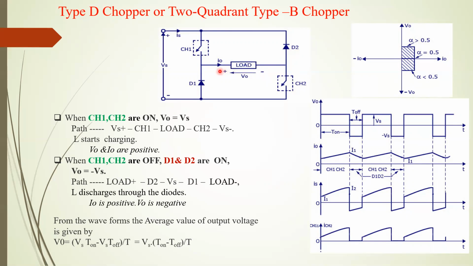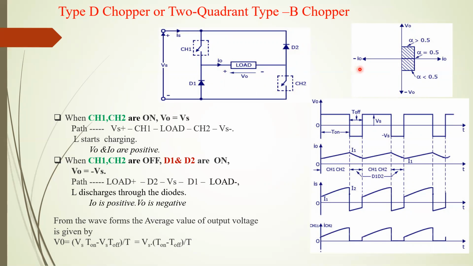Here there is no change in the direction of I naught, so I naught is treated as positive. But the terminals which are now positive, when compared with the previous case when choppers are on, are changed, so we say the polarities are changed. Then V naught is negative. So I naught is positive and V naught is negative.